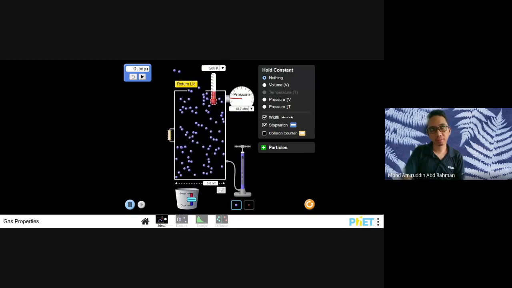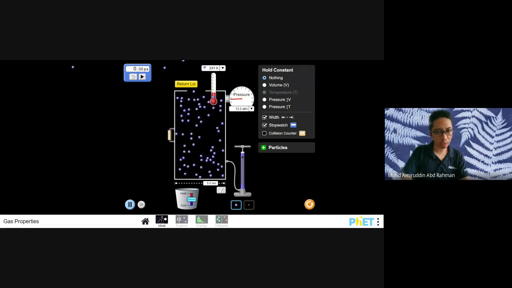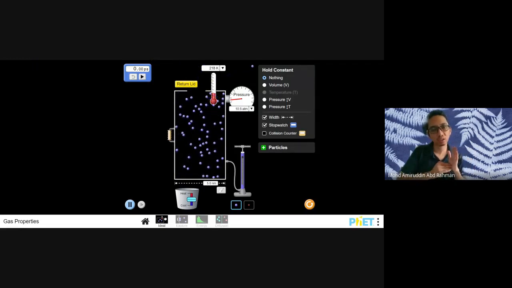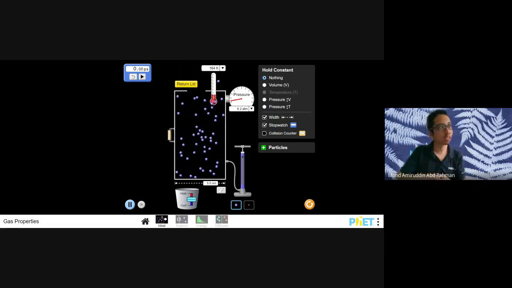This is the real world phenomenon that I'm saying. First the glass of the window will break. You notice that it is because the pressure inside that room is very high. The kinetic energy of the gases is too high at that time, so it keeps pushing the glass till it breaks.